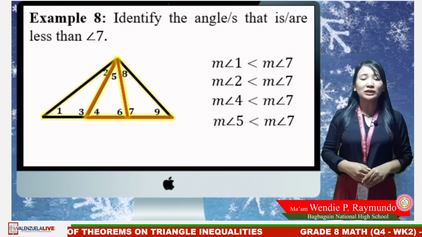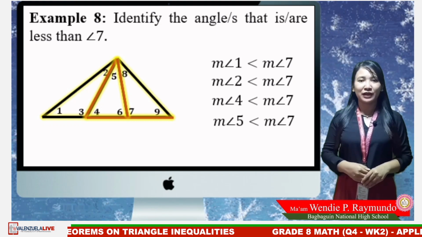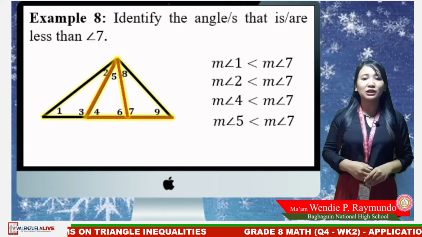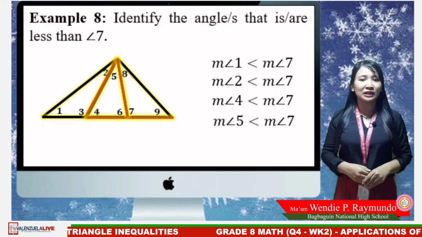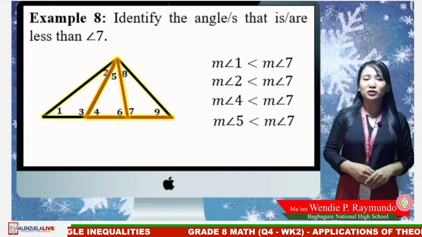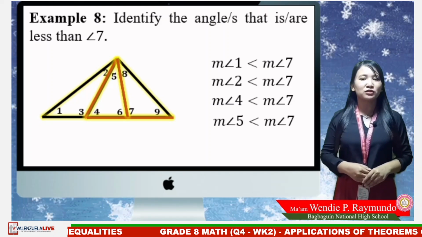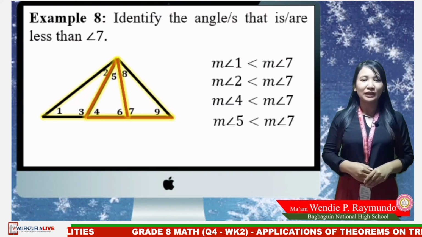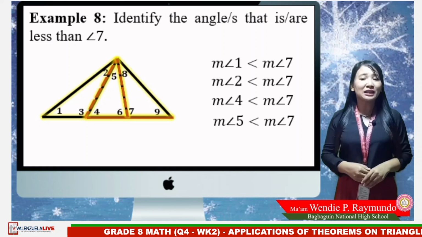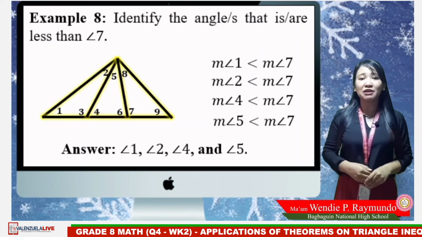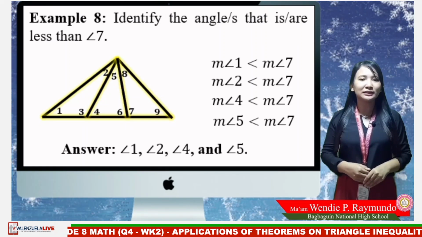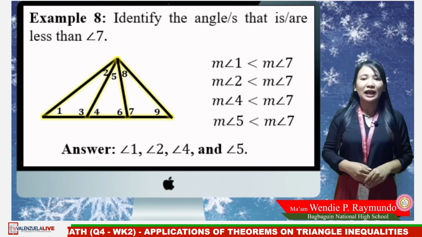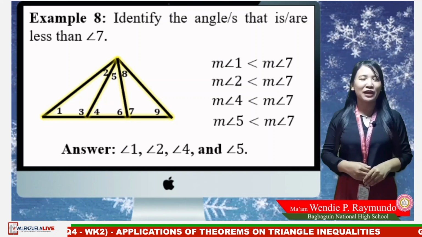Measure of angle 2 is less than measure of angle 7. Measure of angle 4 is less than measure of angle 7. And measure of angle 5 is less than measure of angle 7. Therefore, the angles that are less than angle 7 are angle 1, angle 2, angle 4, and angle 5.